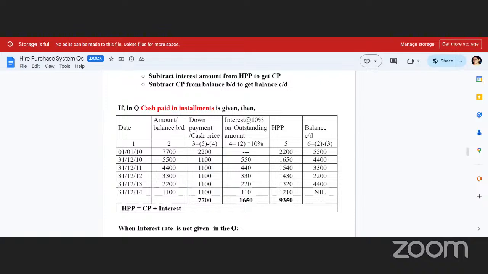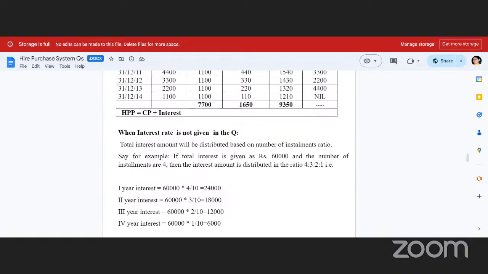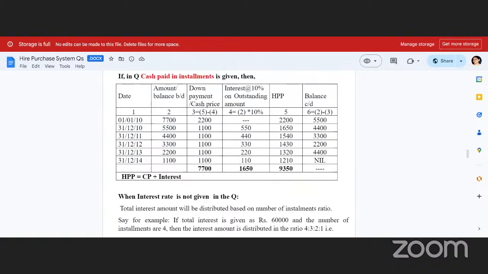So these two he gave you, and this you will calculate as usual like the previous one, and by adding these two you will get the hire purchase price. Cash price plus interest gives the hire purchase price.